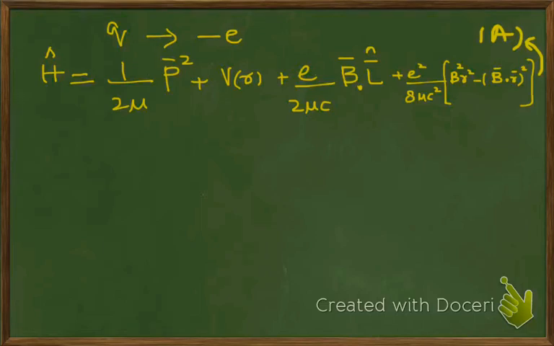For simplicity, we take the magnetic field in the z direction, B in z.